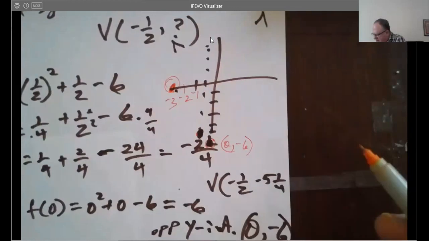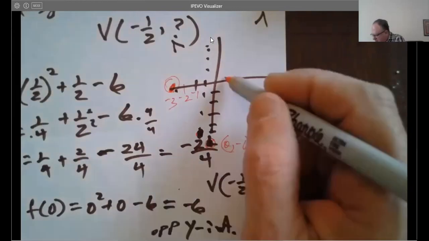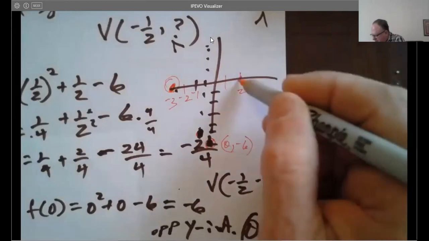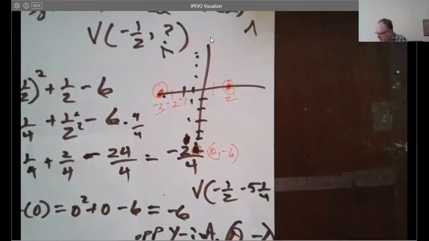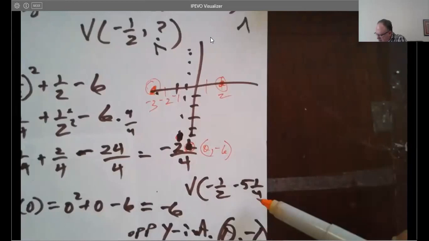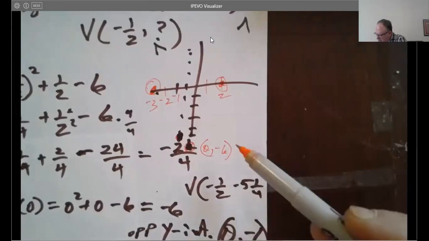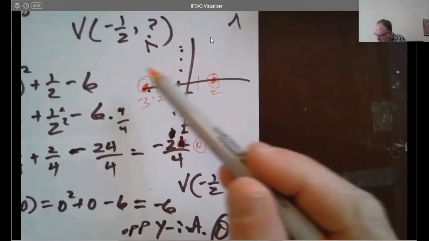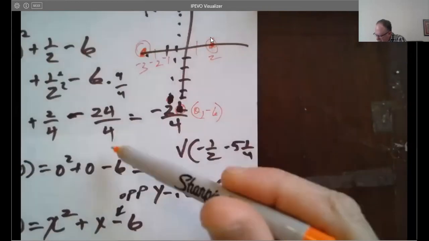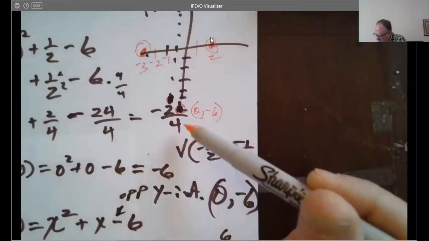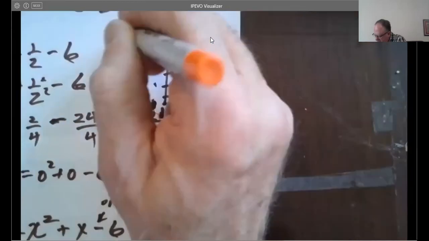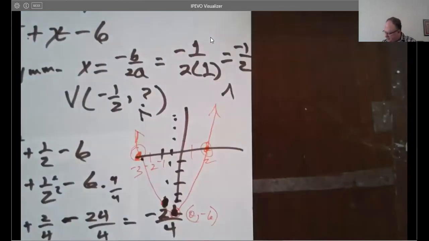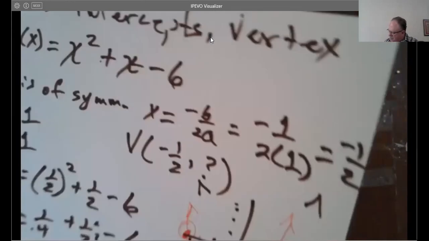And 1, 2. So our graph is going to look something like this. All right, questions with that? And so that's the intercepts and the vertex.